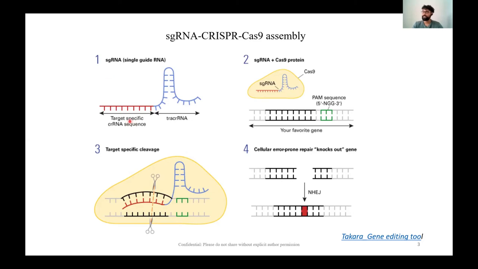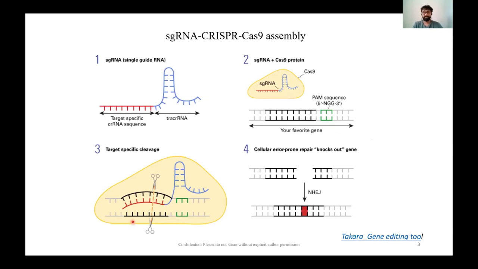So very briefly, how does this single guide RNA assemble? There is a target sequence, which is called CRISPR RNA, a 20 base pair sequence, and trans-activating CRISPR RNA that basically supports this scaffold. This forms a complex with Cas9, the protein, which is the cleavage protein, right? And this entire complex is called the ribonucleoprotein complex.